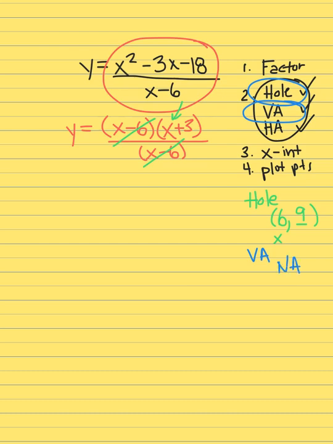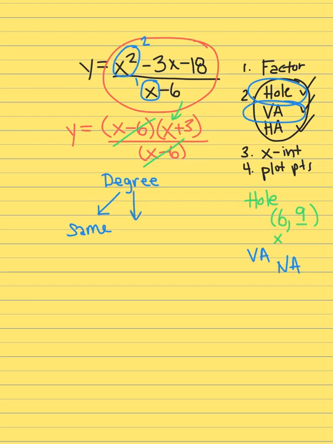The third discontinuity is a horizontal asymptote. For the horizontal asymptote, you want to look at the degree of the polynomial in the numerator and the denominator. If the degrees are the same, you take the quotient of the leading coefficients. In this case we have degree 2 and degree 1, so they're not the same.